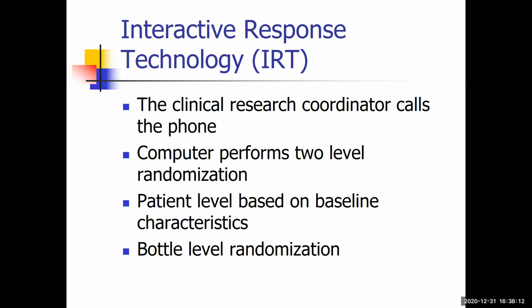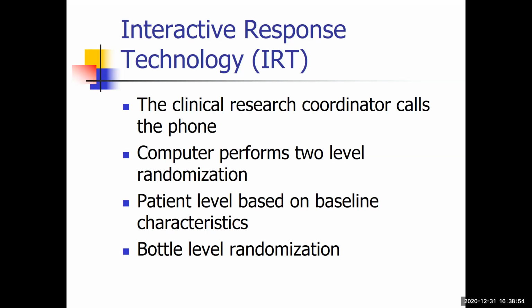If this study needs, say, 200 patients and 4 bottles per patient, I'll need 800 bottles, but I may need some oversupply. Maybe I need 1,000 or 1,100 bottles. So if I have 5 digits, I got more than enough, 5 digits to cover like 1,200 bottles. That's not a problem. So the CRO will provide all these bottle numbers to the company.